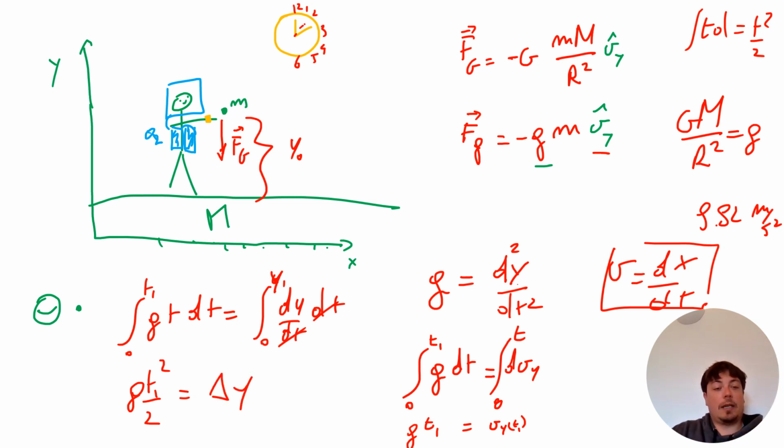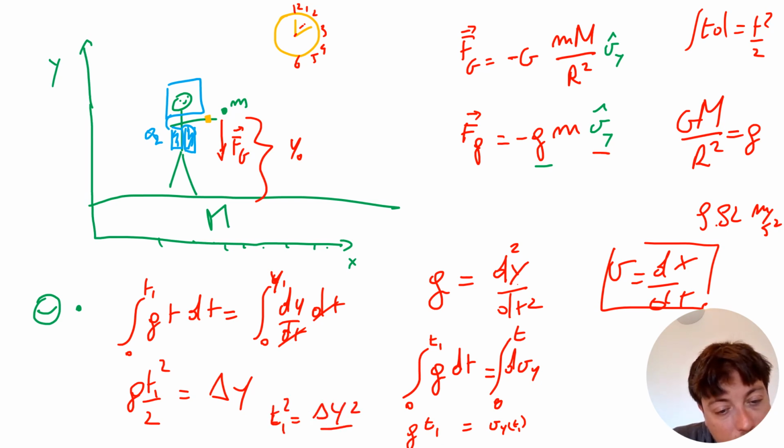Now it's done. As you can see, the time is there, and then we know the distance, and then we can derive that t1 squared is equal to delta y times 2 divided by g, and then we take the square root of it.